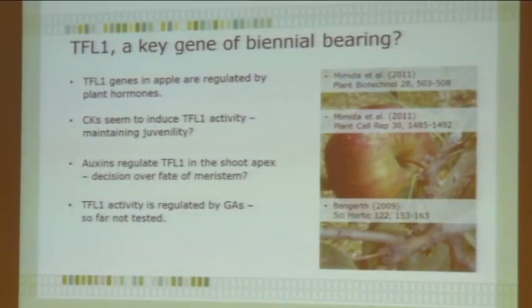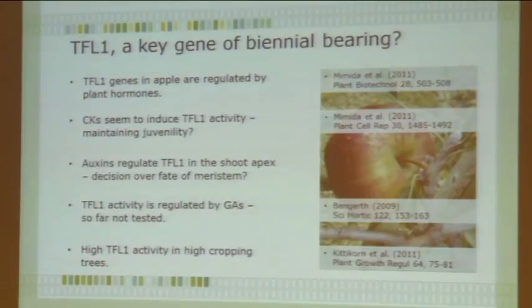Anius indicated I only have 8 to 10 minutes, so I will go through this very quickly. But TFL1, from the literature report, but again from some of our own work, seems to be regulated by a range of plant hormones, cytokinins, auxins, as well as gibberellins.